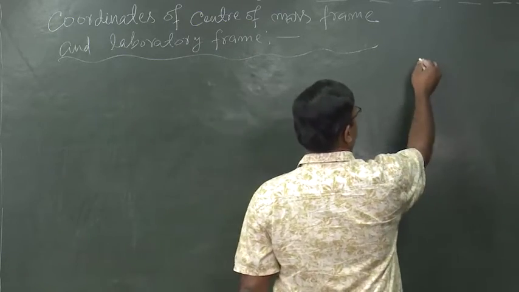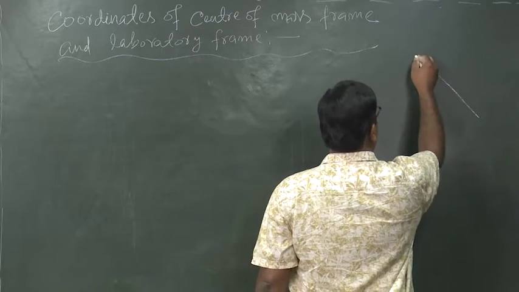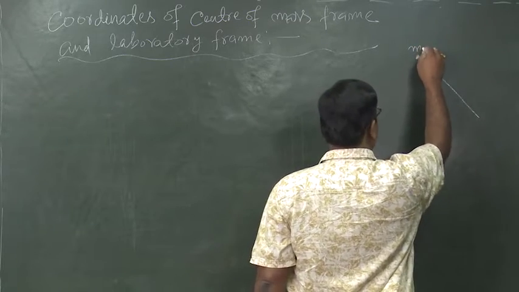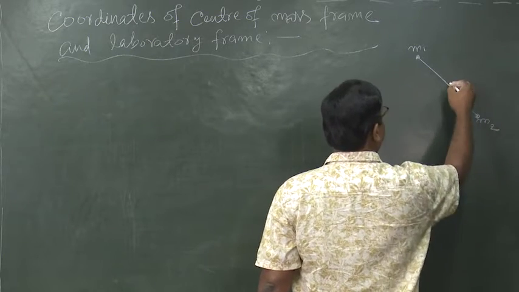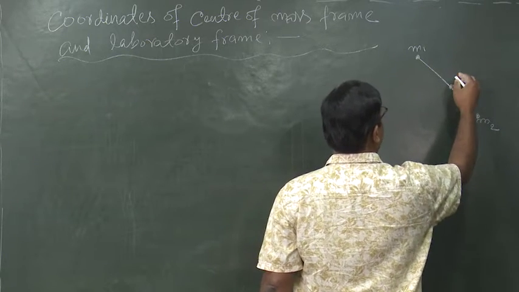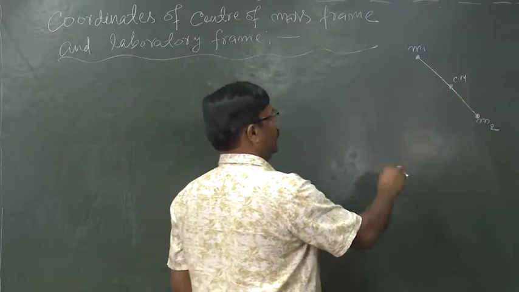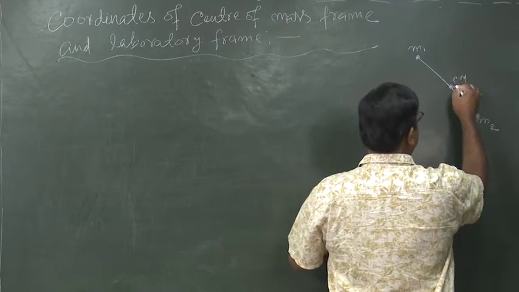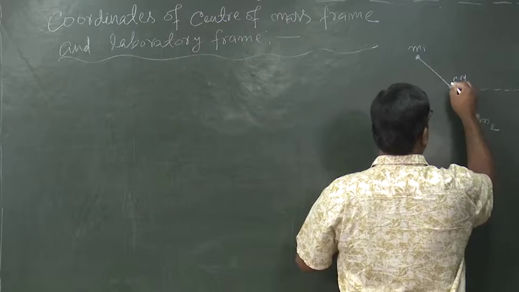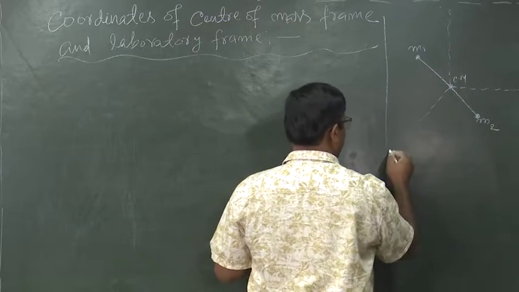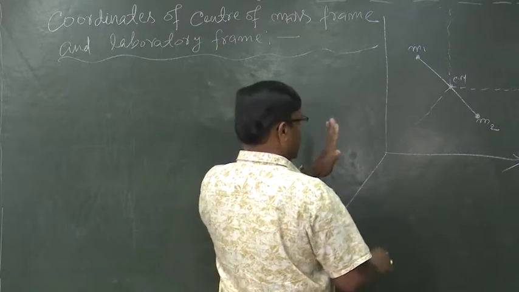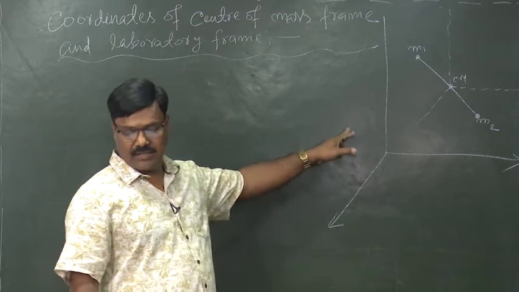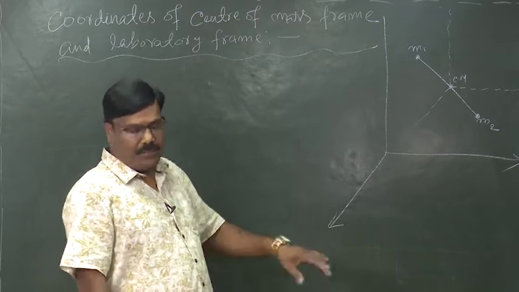Let us consider here is one particle m1, here is one particle m2, and let their center of mass lie here. Now, we can consider the center of mass coordinates of this system of two particles here like this, and this can be considered as the laboratory frame of reference.